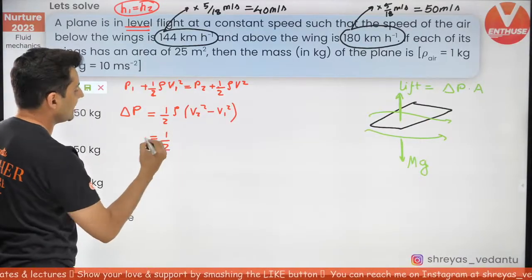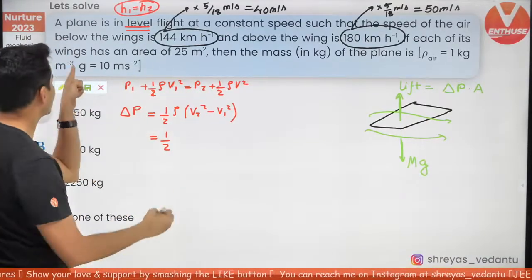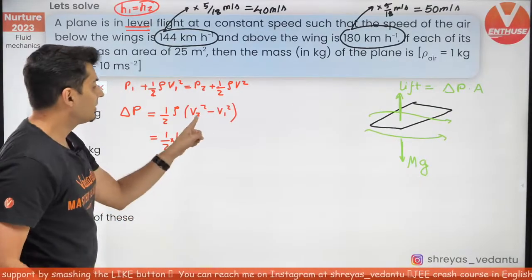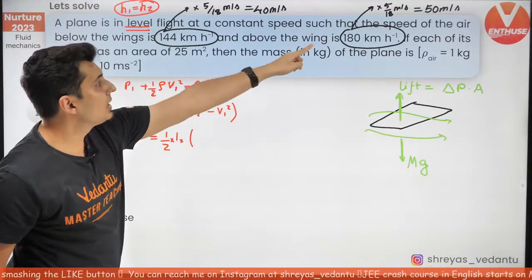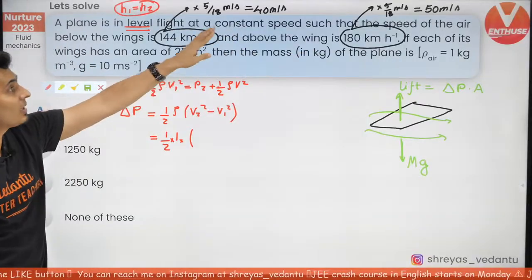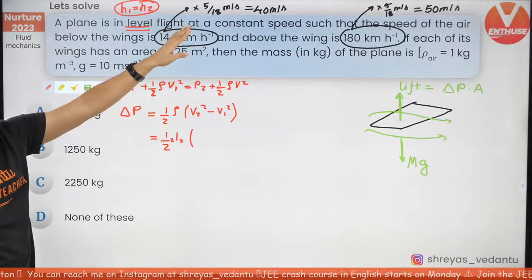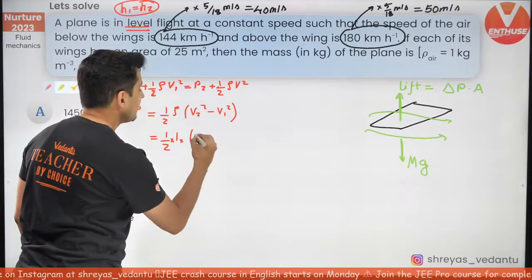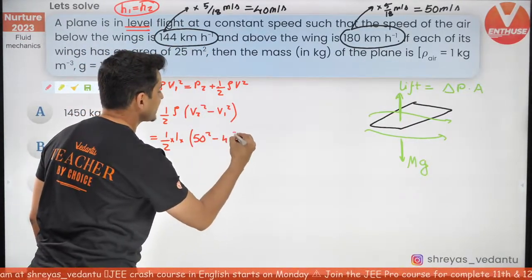So now just put the values. Is the density given? Yes, it is 1 kg per meter cube. The bigger speed is 50, the smaller speed is 40. So it will be half into 50 square minus 40 square.